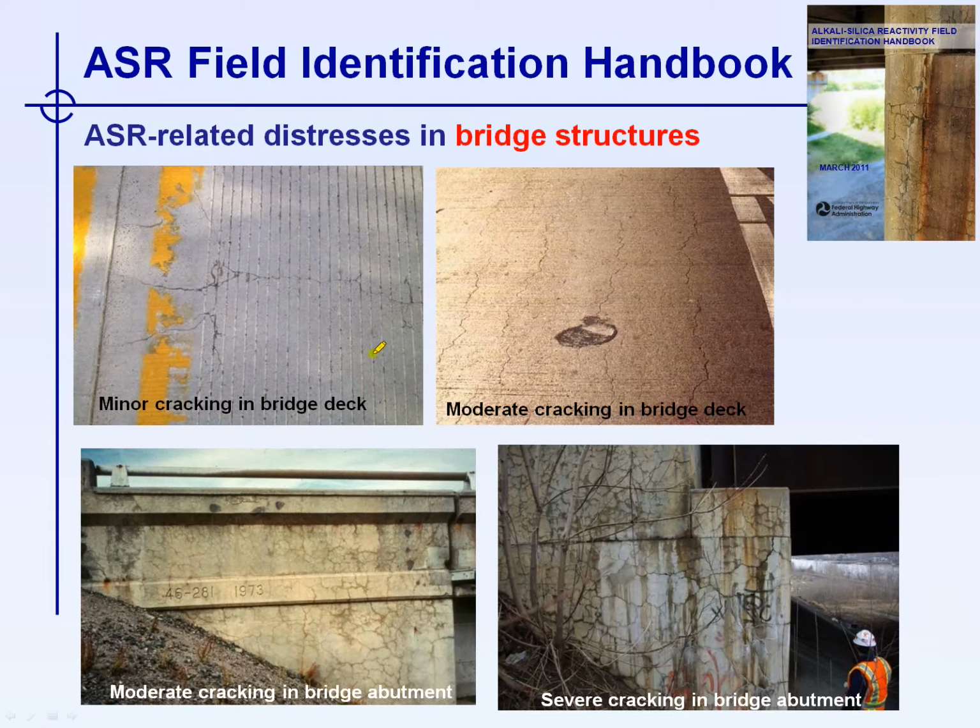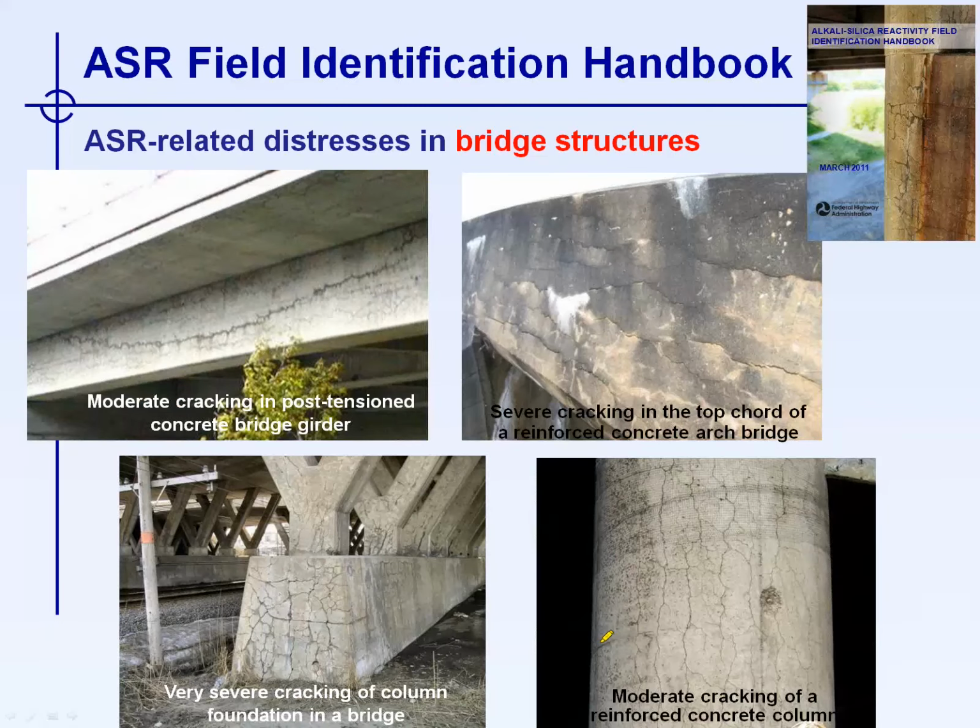And as part of the tool that is the ASR Field Identification Handbook, pictures are given, as you can see here on this slide, of the different condition states of the different parts of the bridges. Like here in bridge deck, we have examples of minor cracking and moderate cracking. There are pictures also showing moderate cracking and severe cracking in bridge abutment walls. So those pictures will definitely contribute to the determination of the condition state of the different elements of the bridges.